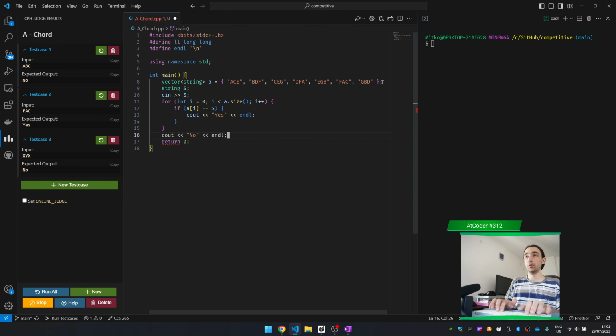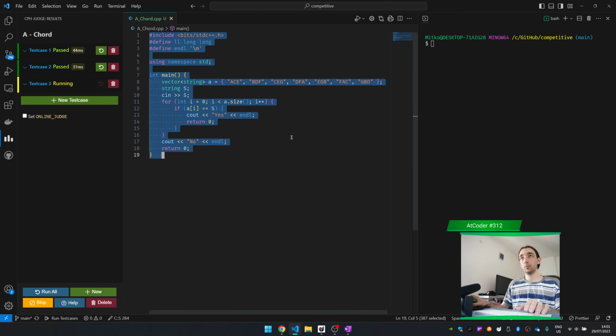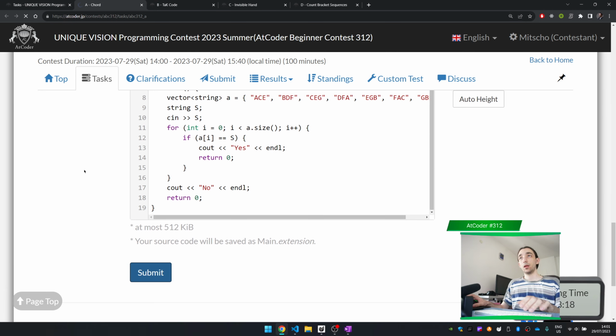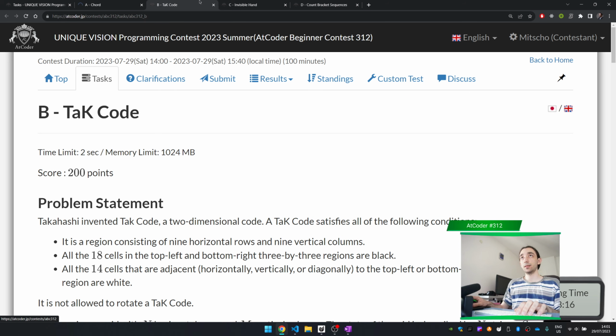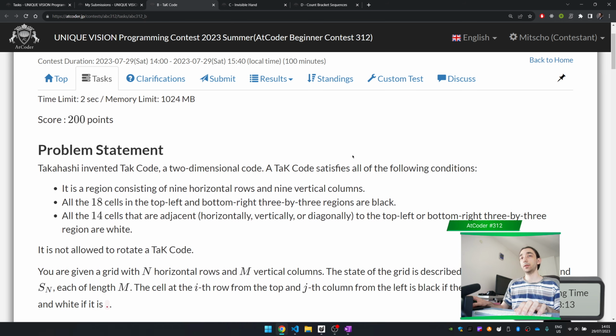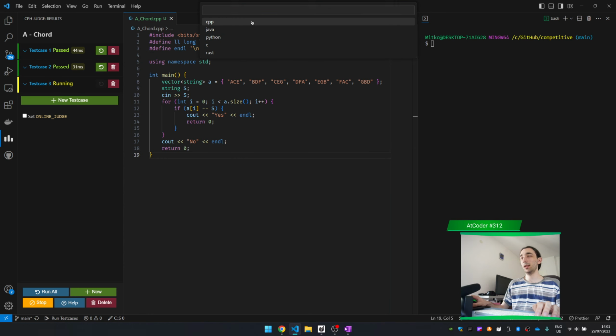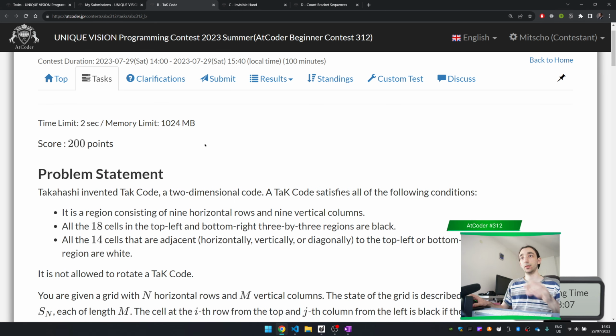Otherwise print no. Of course here just return 0. Oops. I have this specific style of using camel case, or I don't know what it's called, but it doesn't matter.